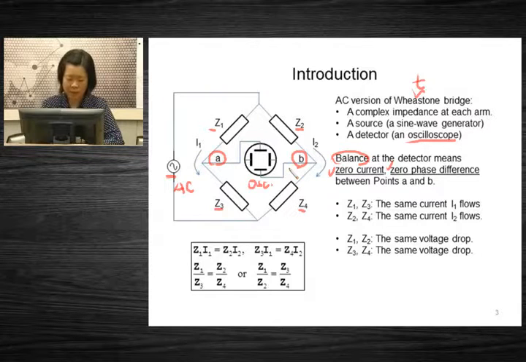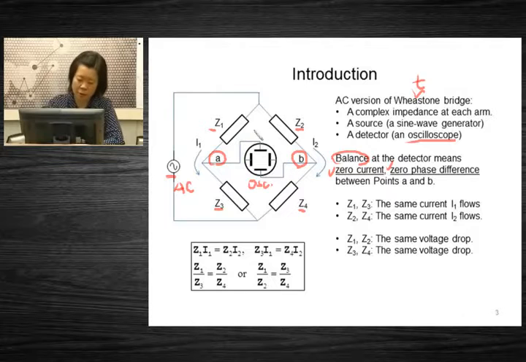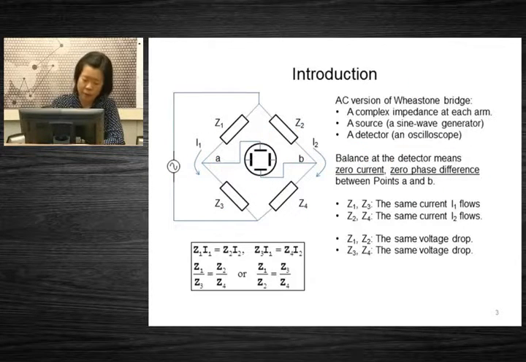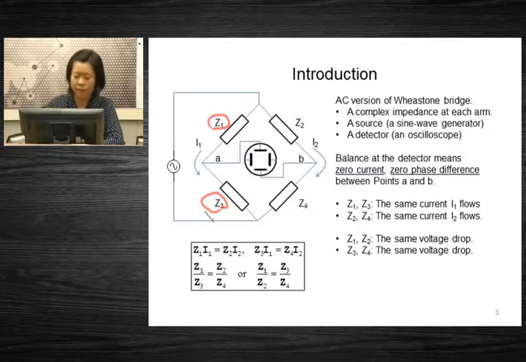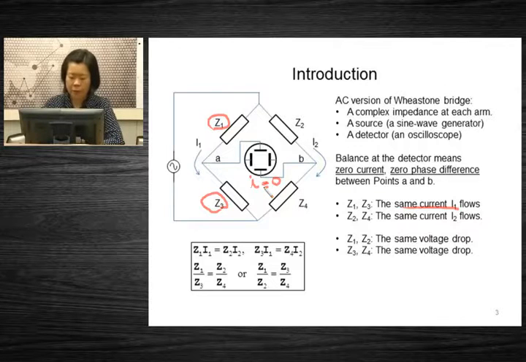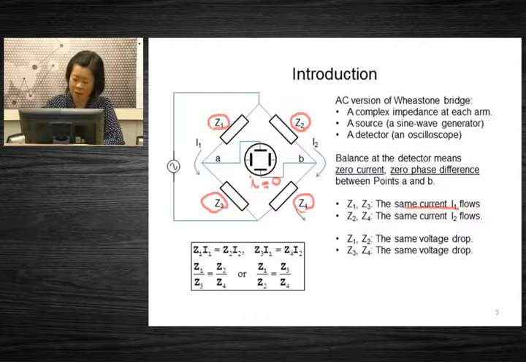In such a case, since there is no current in the middle, you have the same current I1 for both Z1 and Z3 impedances. In the same way, since there is no current at the center, you are going to have the same current I2 for Z2 and Z4 arms.